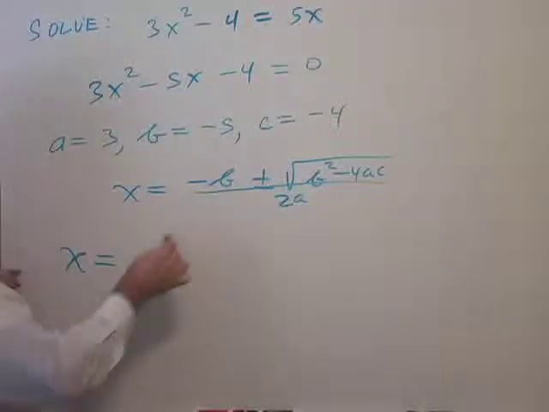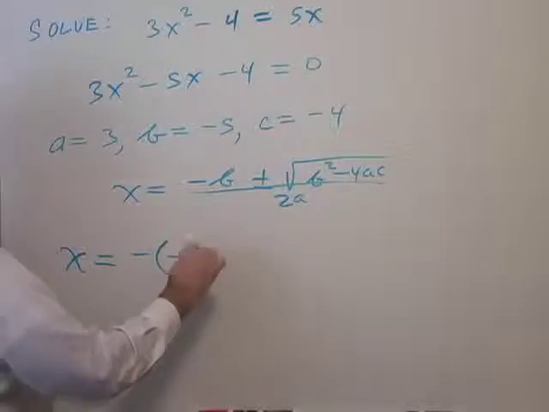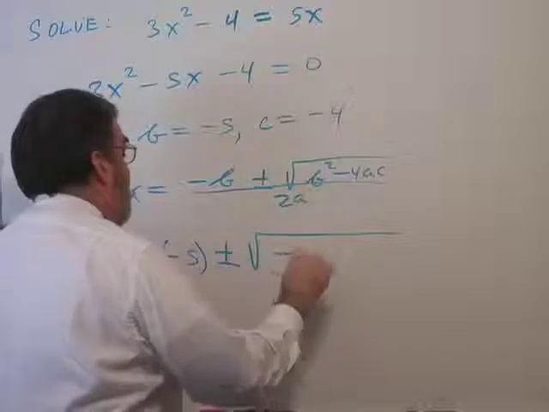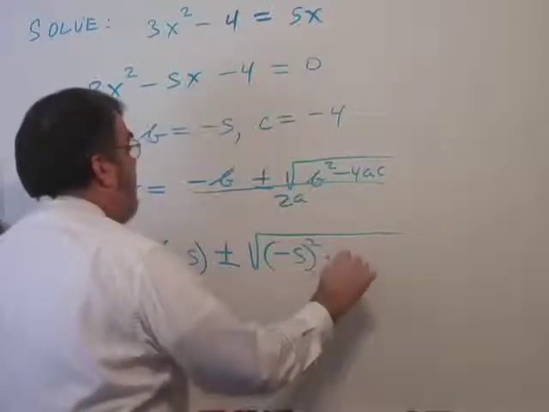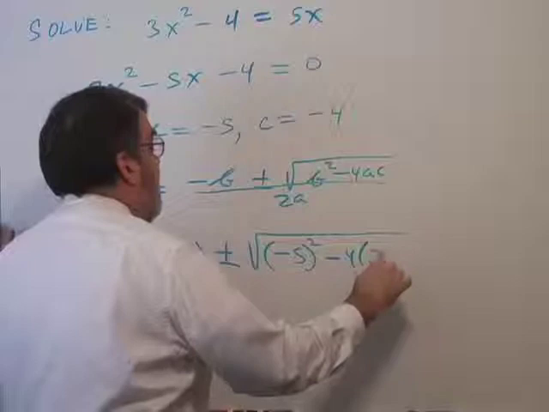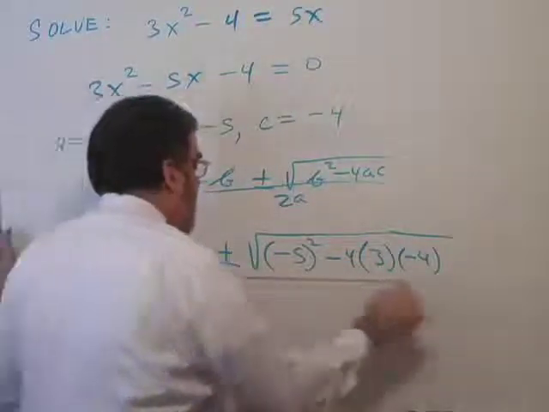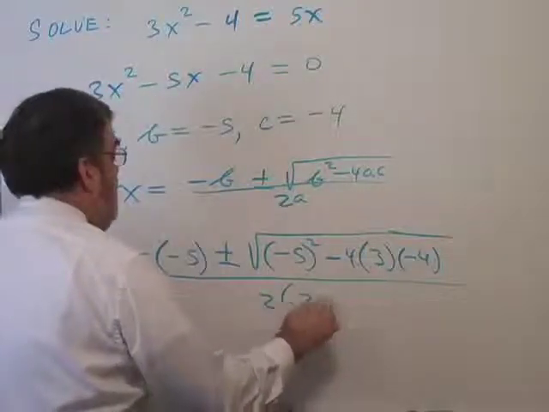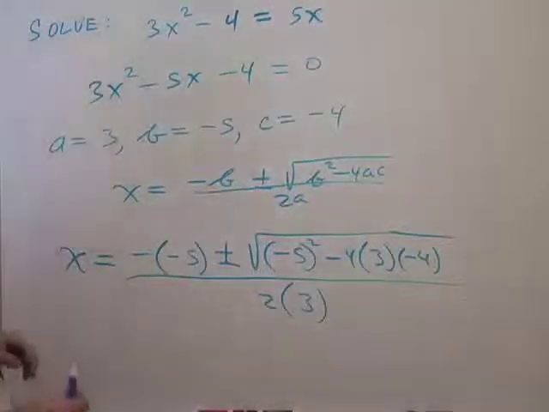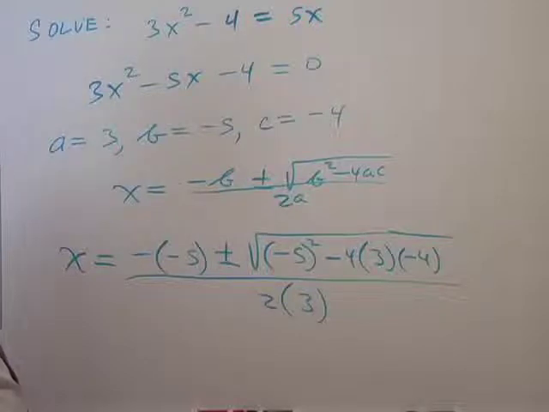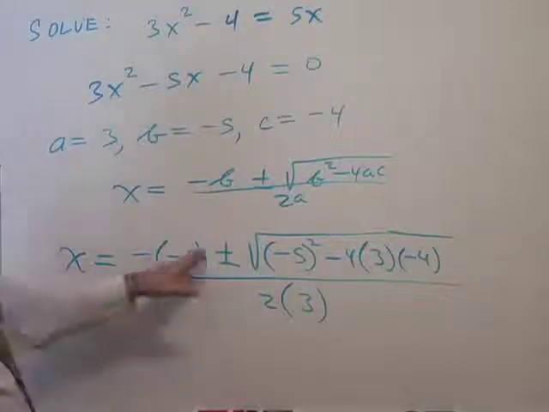So x is equal to, I'm going to replace b with negative 5, so I have minus negative 5 plus or minus the square root of b squared, which would be negative 5 squared, minus 4 times a times c, and everything is divided by 2a. So I replaced a, b, and c with all these numbers, and notice I use a lot of parentheses.